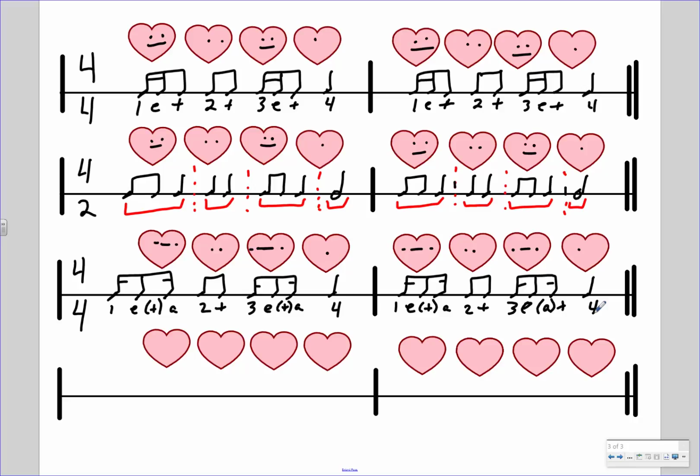Please take a moment and try to transcribe that for 4/2. The same exact rhythm.